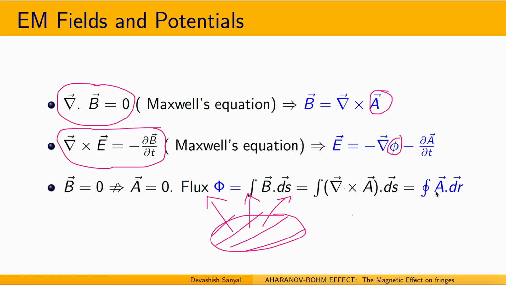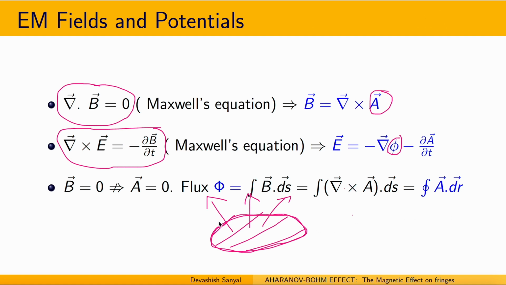This A dot dr is along a closed loop. So this integral is over the surface, and this integral is a line integral along this closed loop, by virtue of Stokes' theorem.